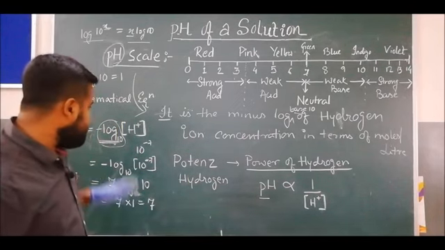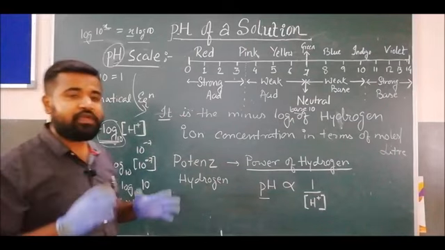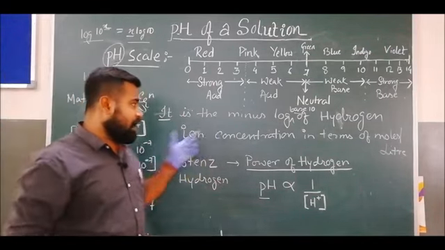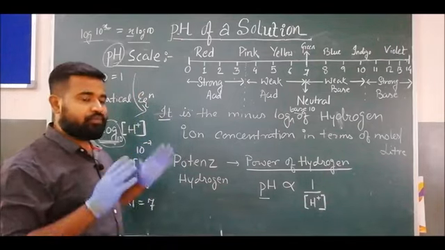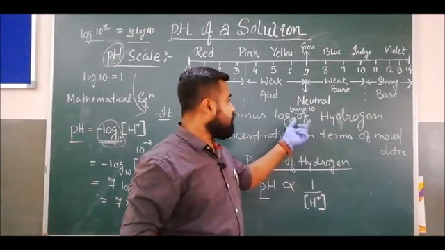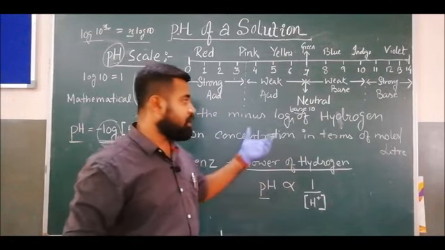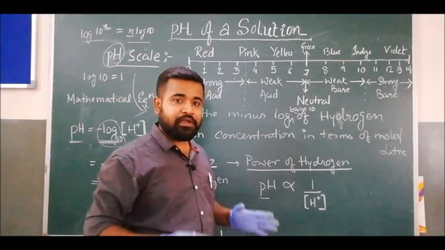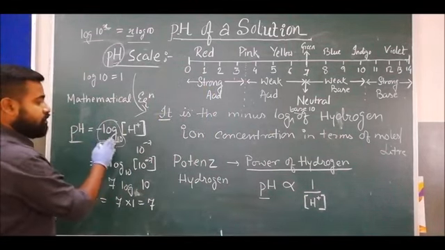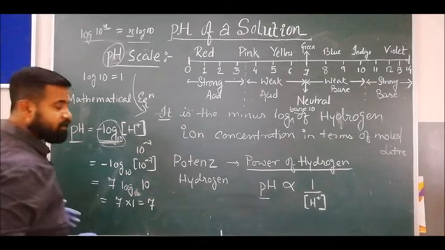Clear? So in this way we can calculate the pH of a solution, and it justifies the definition of pH. I have told you the definition of pH: it is the minus log base 10 of hydrogen ion concentration in terms of moles per liter. So the formula is pH equals minus log base 10 of H plus ion concentration.